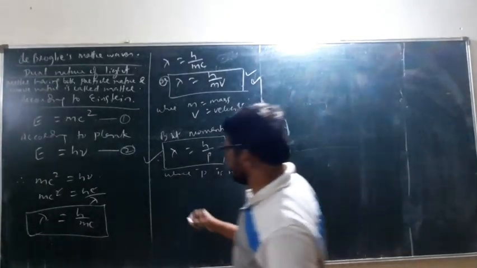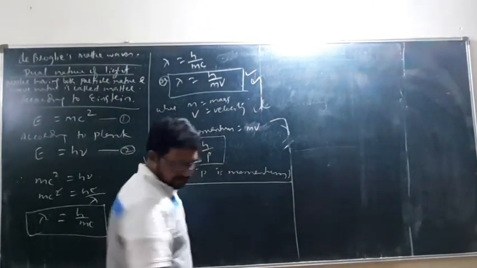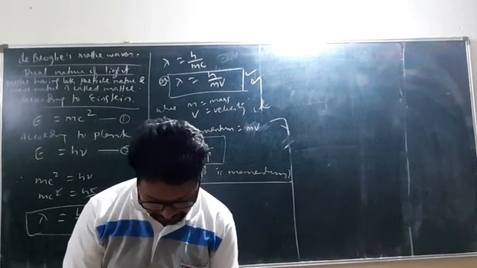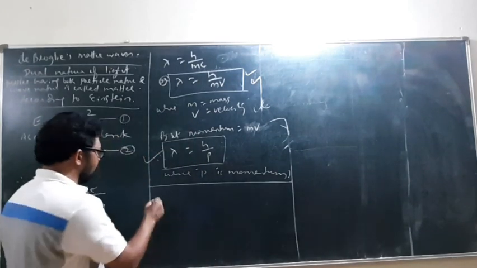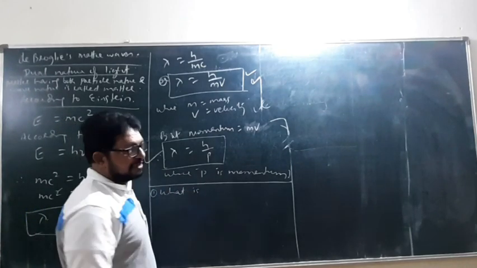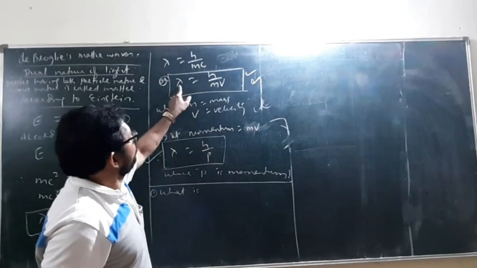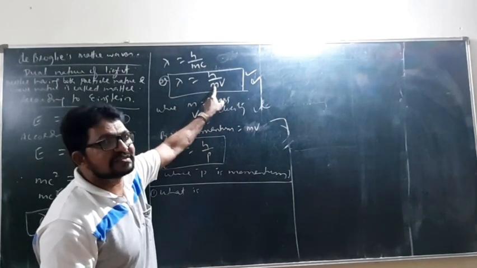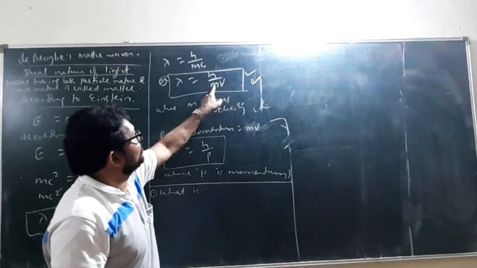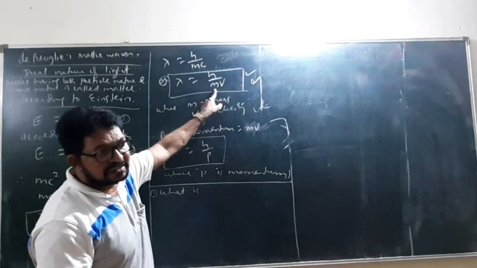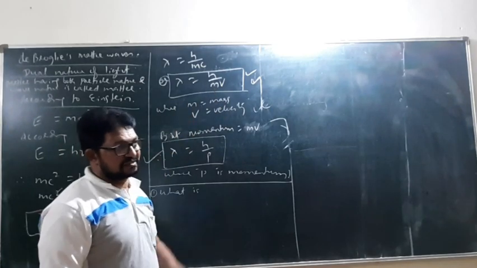You write this problem. Calculate what is the wavelength of a ball. Here one thing I want to tell you. Wavelength is inversely proportional to mass. Yes or no? As mass increases, wavelength decreases.